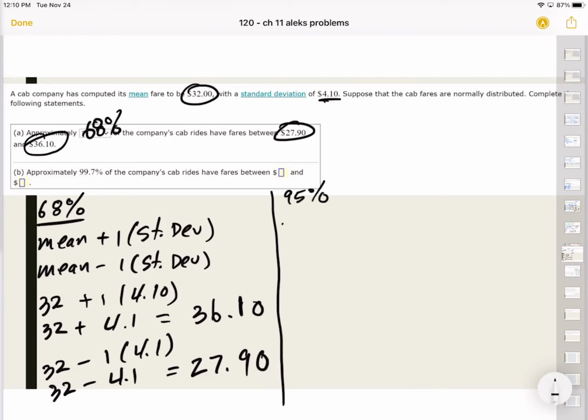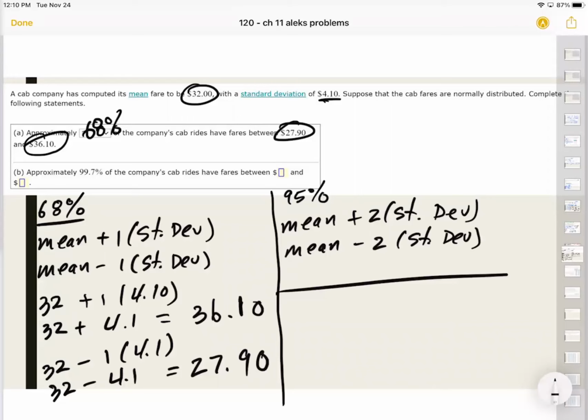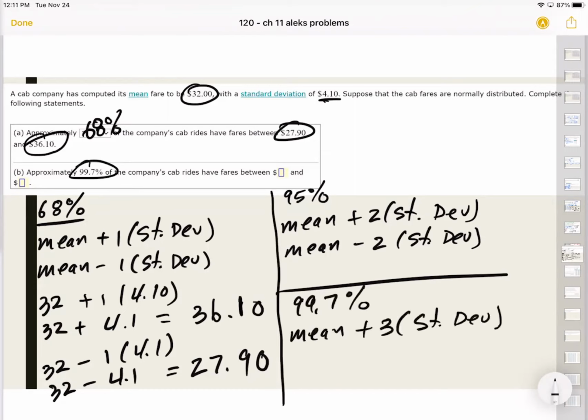And then you can do the 95%. And again, the 95% is, all you do is you take the mean plus 2 times the standard deviation, and the mean subtract 2 times the standard deviation. And again, we don't need to do this because of this problem. They asked us for the 99.7, which is, again, we take the mean plus 3 times the standard deviation, and the mean subtract 3 times the standard deviation. And again, if you do this here, we have 32 plus 3 times 4.1.